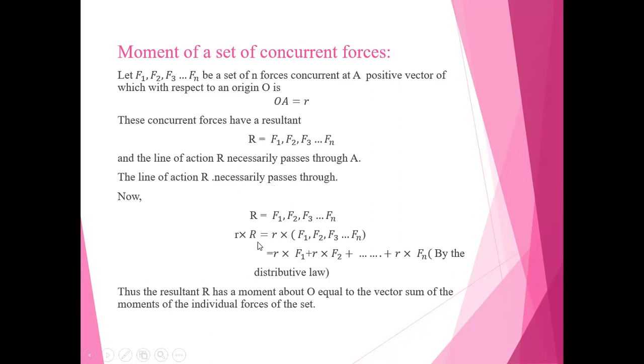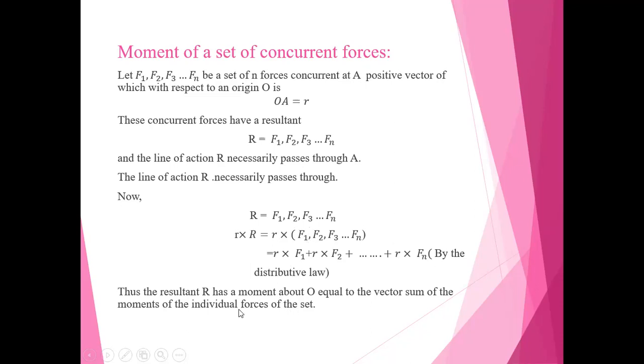Now the value of R vector equals F1 plus F2 plus F3 up to Fn, where the n forces are concurrent. Therefore, r cross capital R equals r cross the sum F1 plus F2 plus F3 up to Fn, which equals r cross F1 plus r cross F2 up to r cross Fn, by the distributive law.